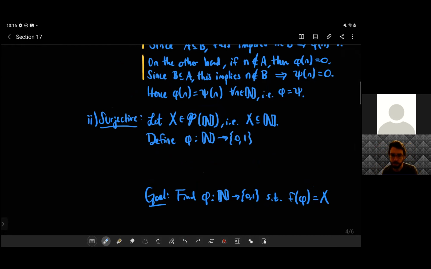I forget if that's a term I've used before, but the way you define that is you say, well, phi of n can be one of two things. So it's a piecewise function. We want it to either be 0 or 1, right? So let's say it's 1 under some circumstances, 0 under some other circumstance. I'll say 0 otherwise.